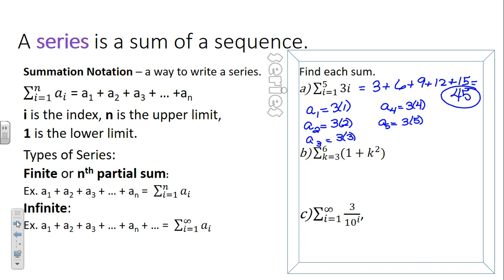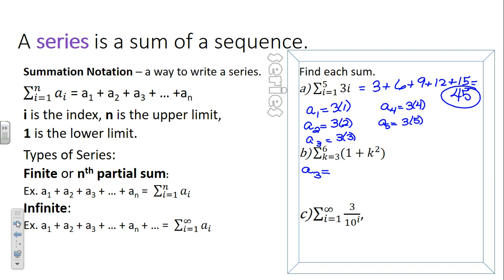Next example. We want the sum as k goes from 3 to 6 of 1 plus k squared. So what term are we finding first? A sub 3, right? The third term of that particular sequence. Okay. So if we want the third term, what are we doing?